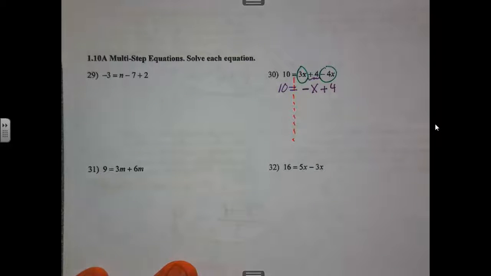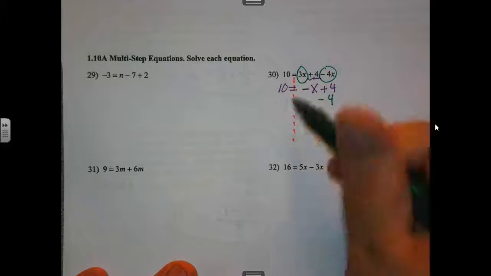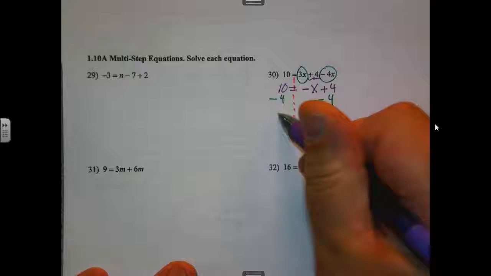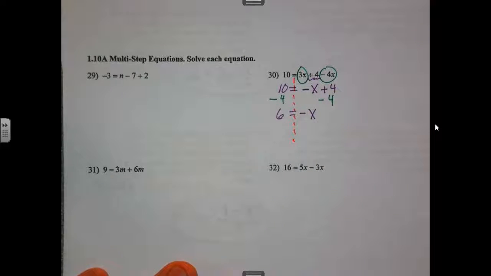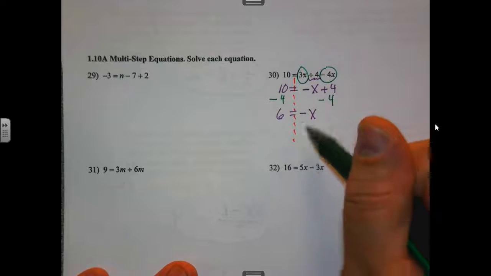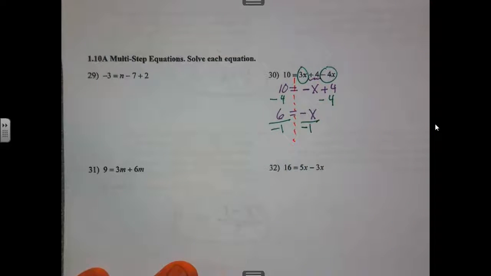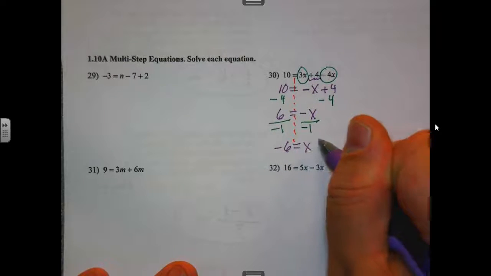I'm going to subtract 4 from both sides. And I get 6 equals negative x. I have to get rid of that negative sign. So I'm going to divide both sides by the negative sign, or negative 1. So negative 6 is going to equal x.